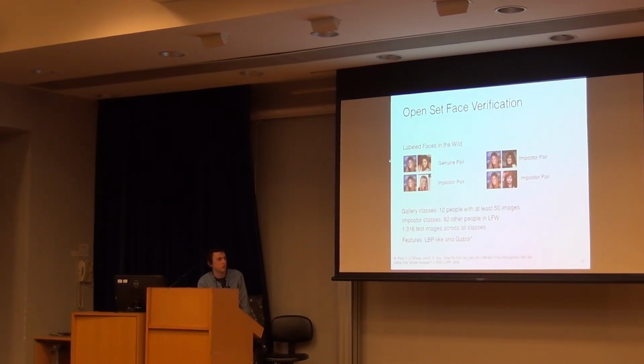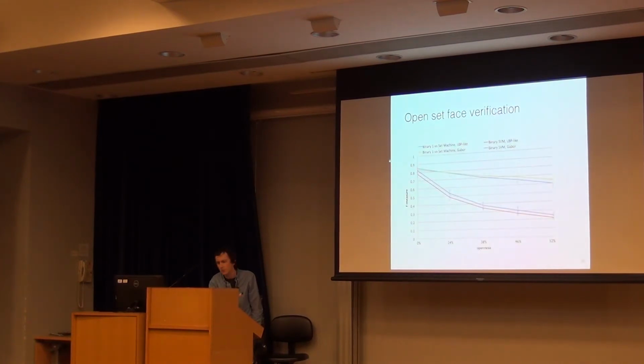And then we can pick a feature representation. Here we've used pre-deep learning features, LBP and also Gabor wavelets. And we see the same effect when we apply this classifier in this feature space and in this problem. The one versus set machine is superior in both feature representations compared to just using normal SVM.